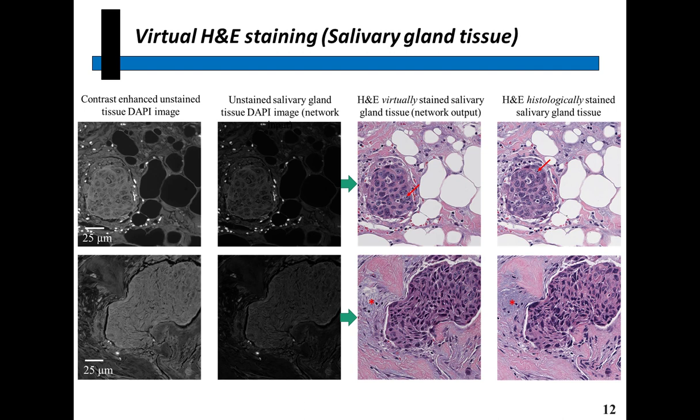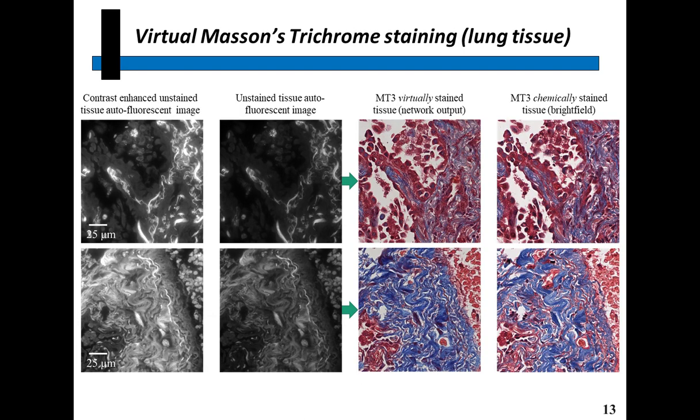And the annotations here that you see with the arrows and the stars were made by the pathologists who worked with us on this research, showing some features that were important for the diagnosis of this tissue. This was for the salivary gland, but we did it for other tissues as well.